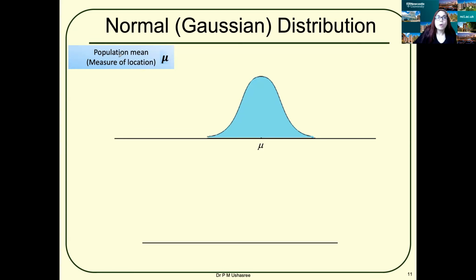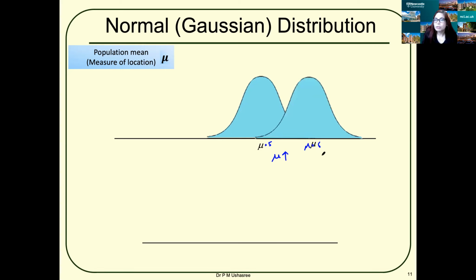So the population mean mu: if I increase this value, what will happen to the distribution? For example, if this was 5 units, and if I increase it so that mu is equal to 6, what will happen? The whole distribution will shift towards the right.